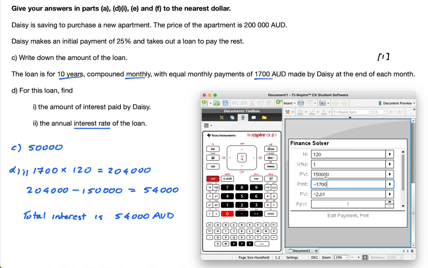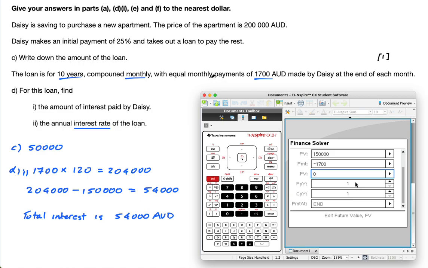Okay, so I put that positive. This is negative. The future value, this is important, is 0 because she's going to have paid off the loan after these 10 years. The payments per year, so it's 12.